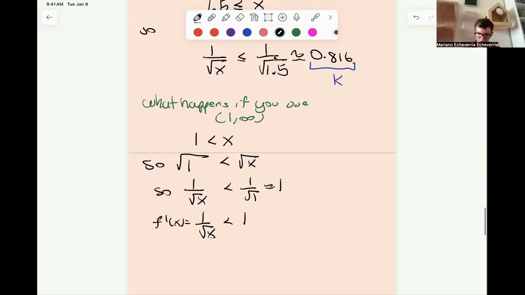So this is always less than 1, but arbitrarily close to 1. That's the difference. So this one doesn't work, given how we define the contraction, since these values for the derivative get as close as you want to 1.